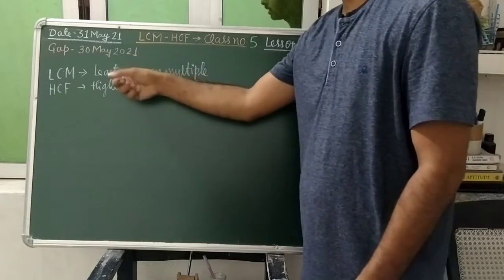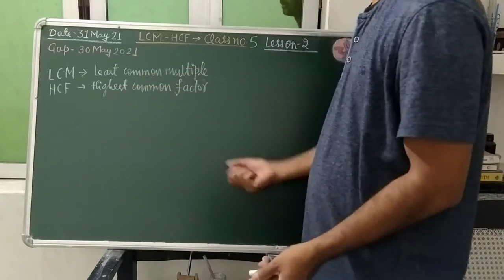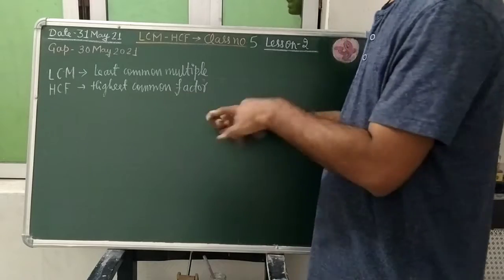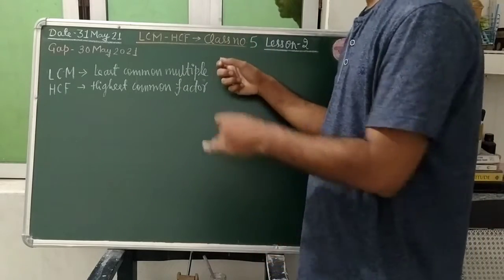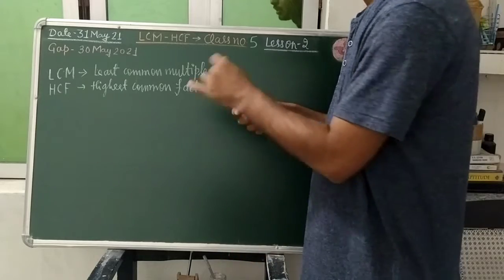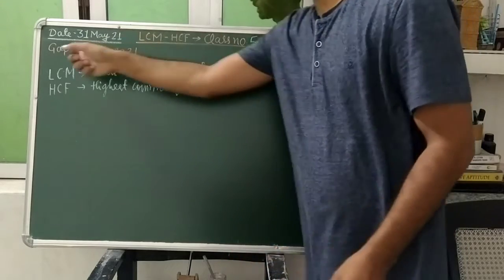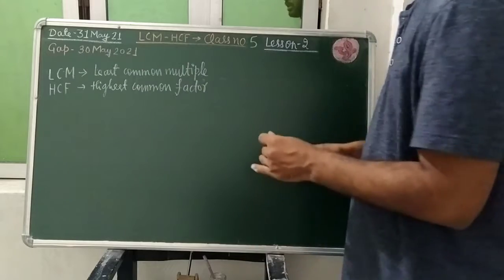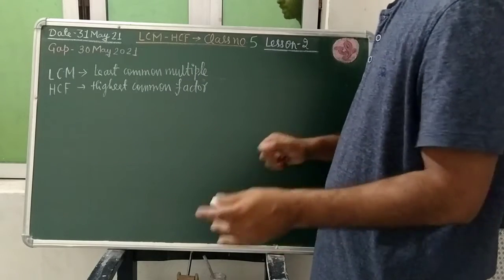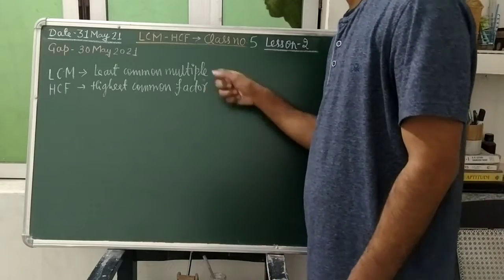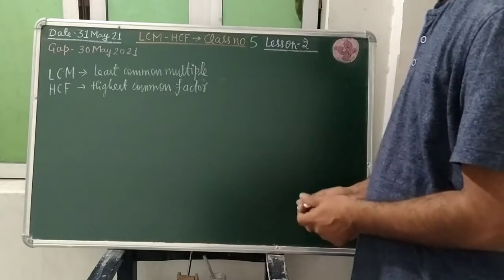Here is the least, here is the highest. Something will be common, and if in multiples, the least common will be called LCM, and the common which is highest in the factors will be called our HCF, students.